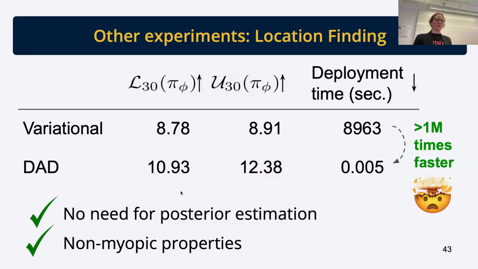And again, indeed, we're doing much better compared to more traditional approaches. Now to repeat myself, the reason why this works better in the well-specified model case is that we're not doing this posterior estimation that may propagate errors throughout the sequence of experiments, and because of this non-myopic property.